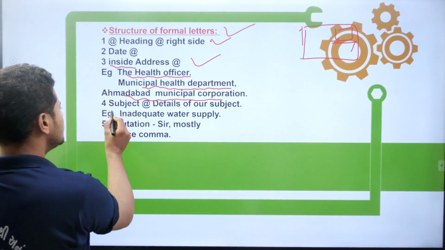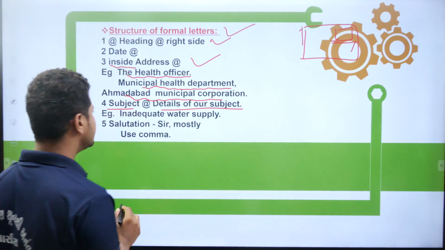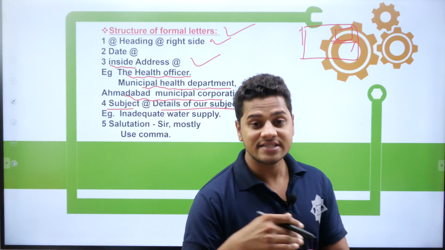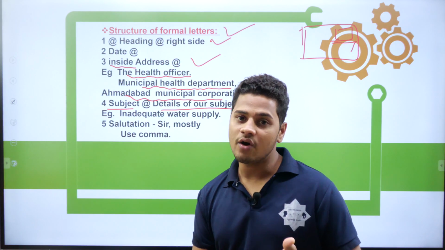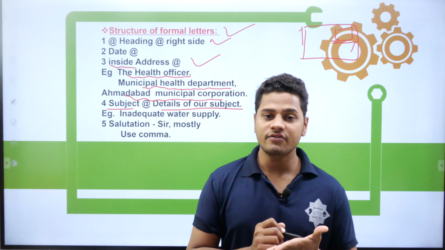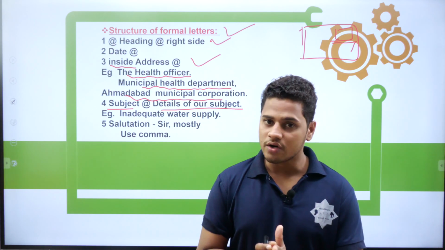Later you can see the subject, with details of our subject. In the subject, the person who reads our letter pays personal attention to it. He focuses on the subject, then sorts out the problem.